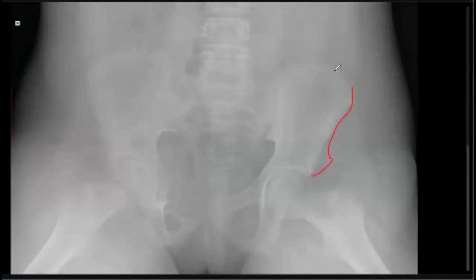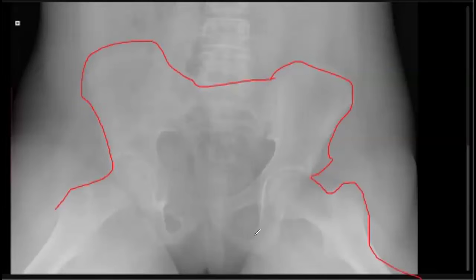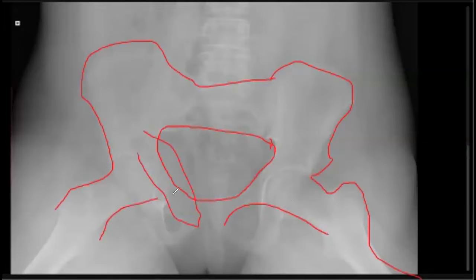Okay, outer ring, go like this. Then inner ring like this. If you go to the inner ring, you will see the abnormality very well. And there are Shenton's lines bilaterally, which is disrupted here on the right side.